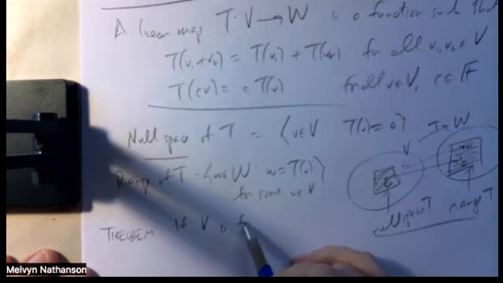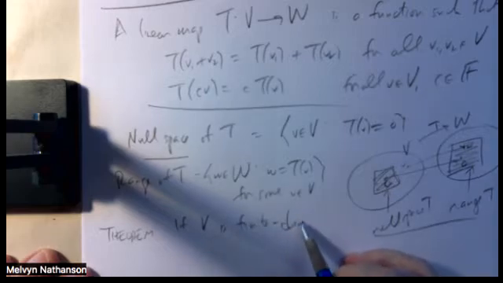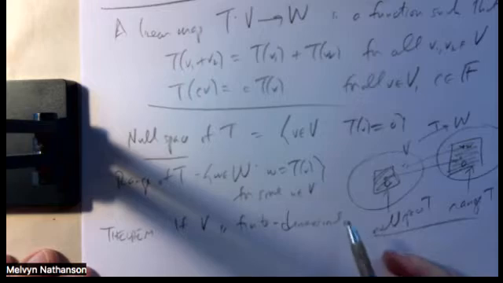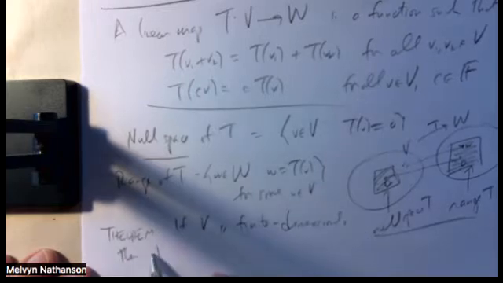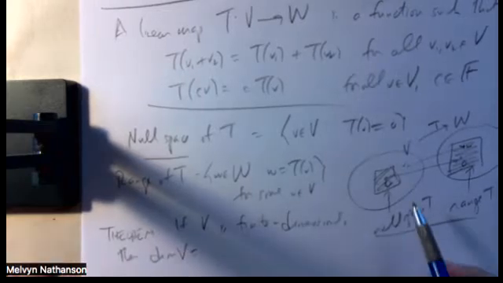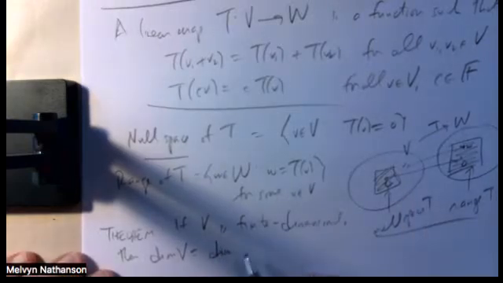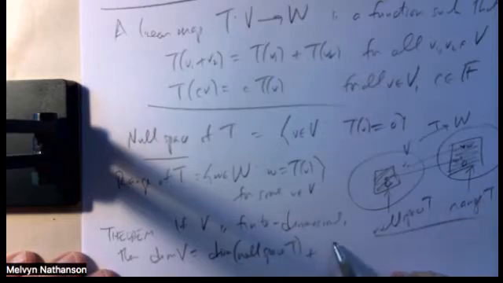If V is finite dimensional, then the dimension of V is the sum of the dimension of the null space of T plus the dimension of the range of T. And this is one of the fundamental theorems in linear algebra.